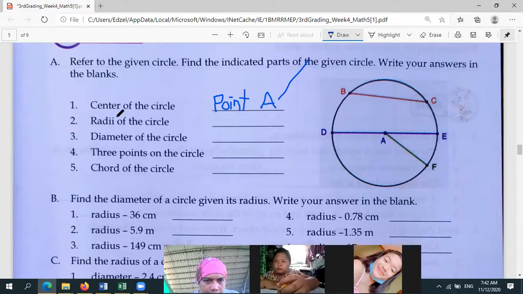Now, radii. Radii is the plural for radius. Radii of the circle. The radii of the circle is plural, so there are many. How many radii do you see in the figure? How many radius are there in the circle?